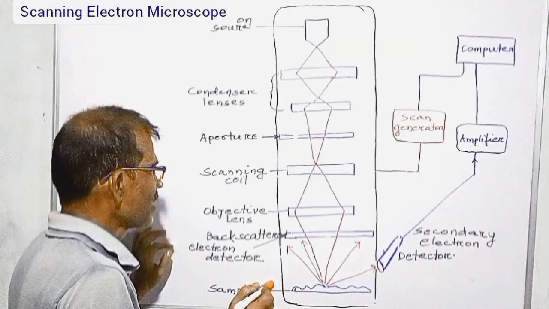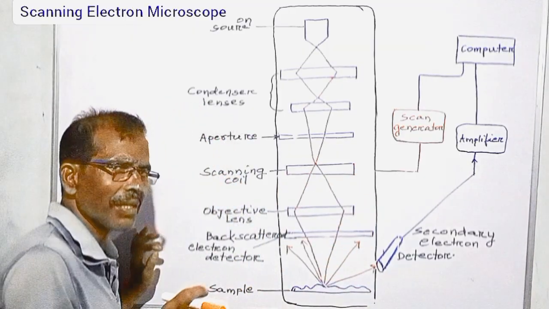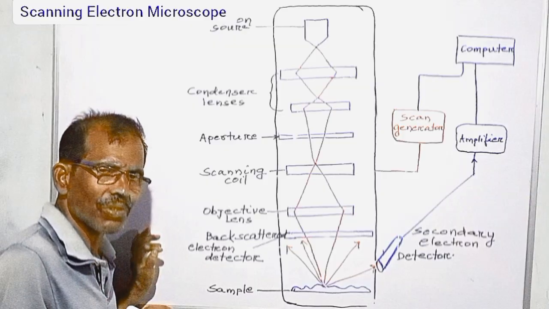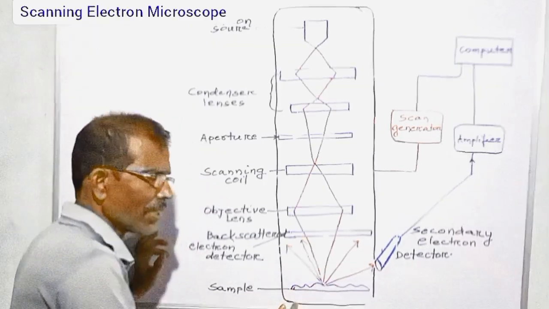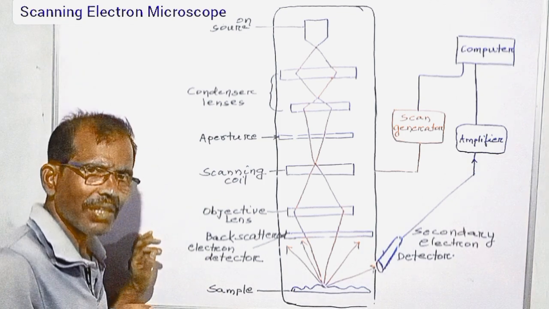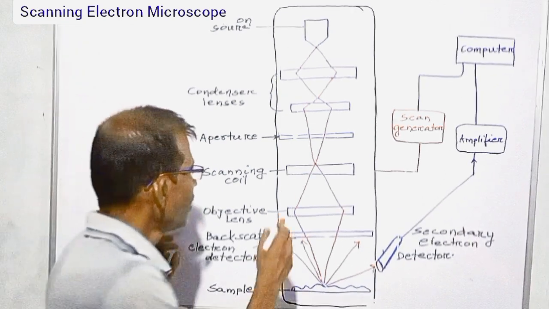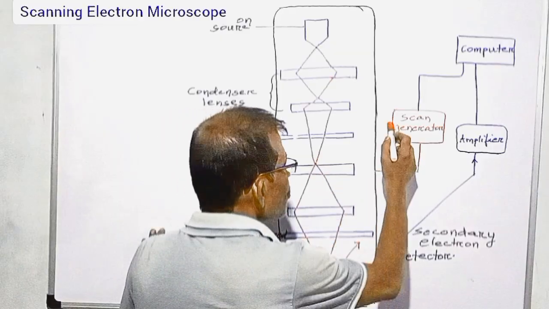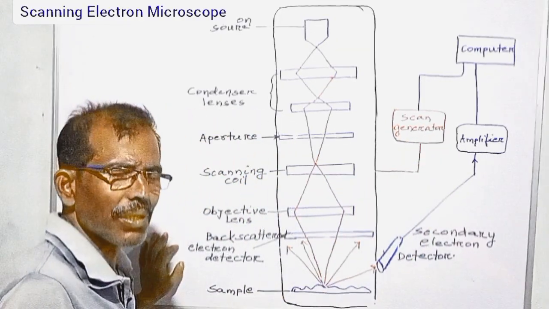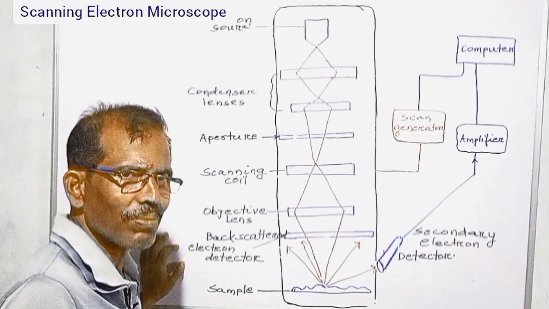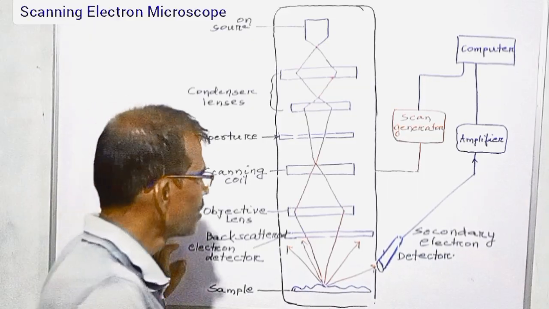Another component is a scanning coil, which systematically deflects electrons onto the surface of the specimen in a synchronized rectangular pattern known as raster scan. This coil is controlled by a scan generator which continuously monitors the position of the electron beam along the x and y axis.